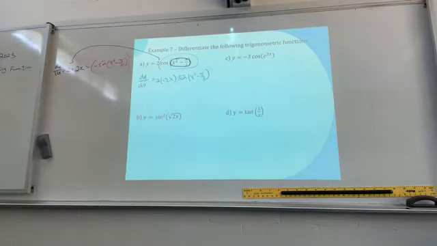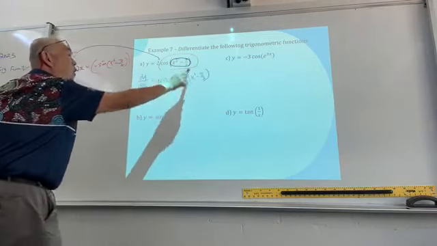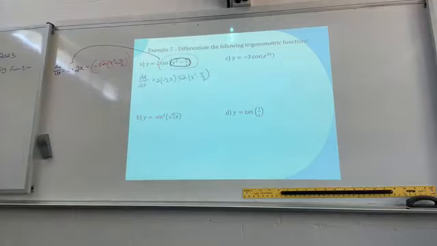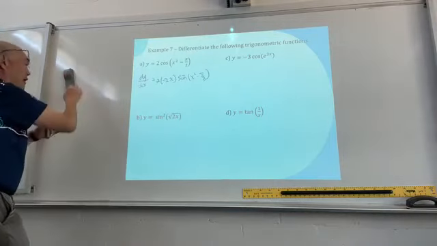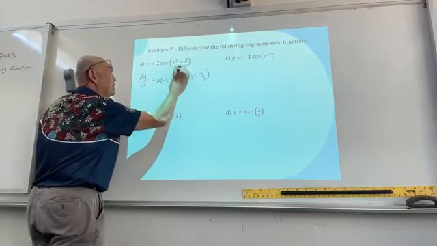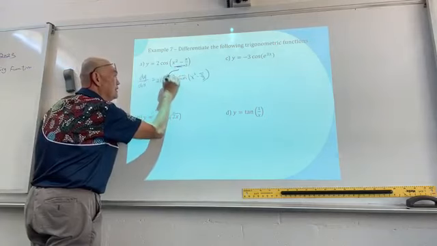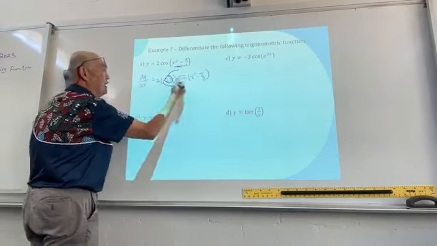This is how you do it. So look at the inside first and then the whole trig function. Inside first, which is this 2x, and then the negative is associated with the sine.